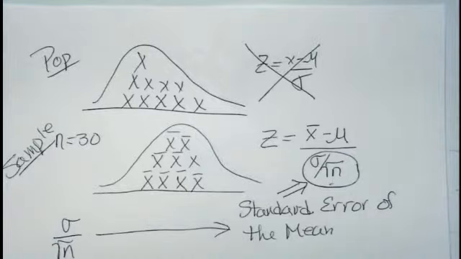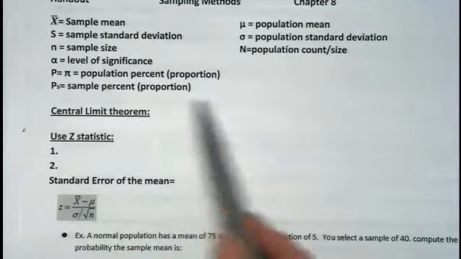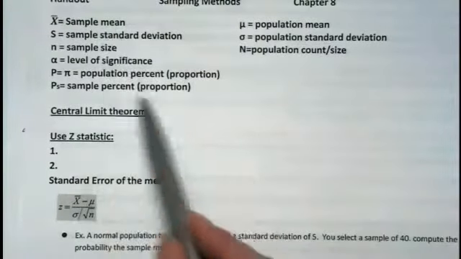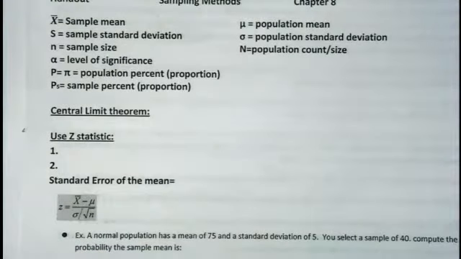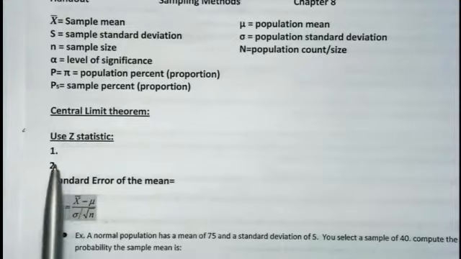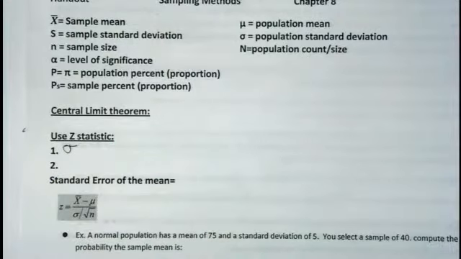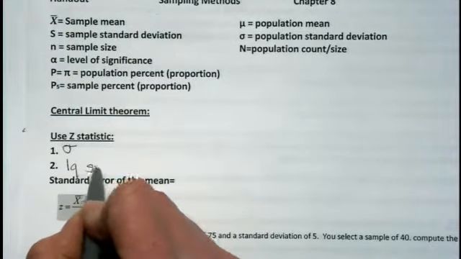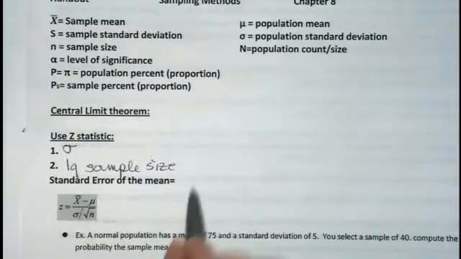By the way, all of these symbols and their definitions are on your 3-page formula sheet. It's a little smaller print, but right up there at the top, so you'll want to have that. So we use the Z statistic when we have the population standard deviation and a large sample size. There's the standard error.